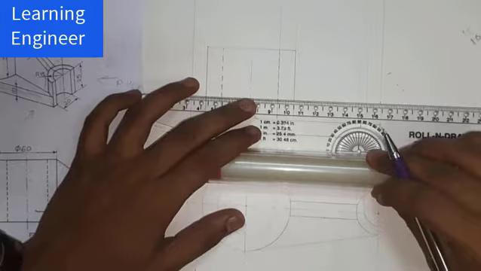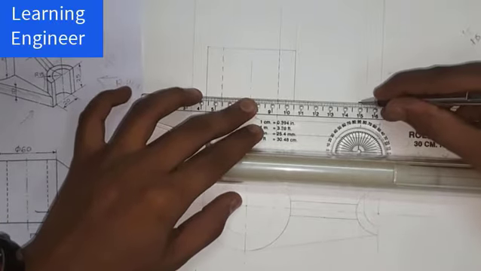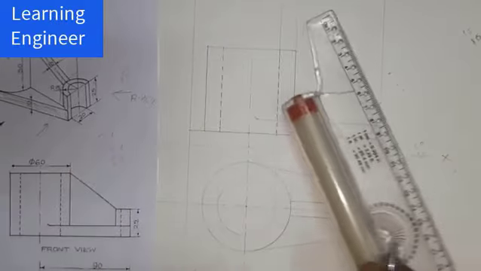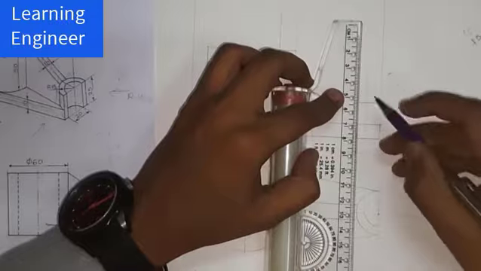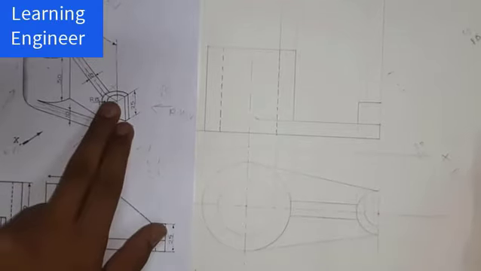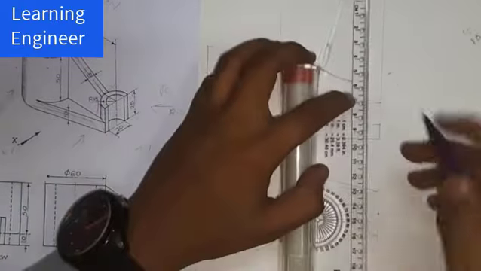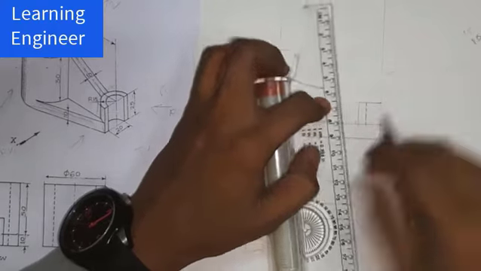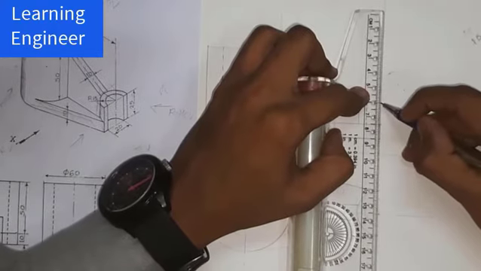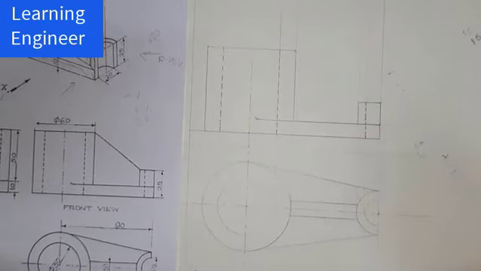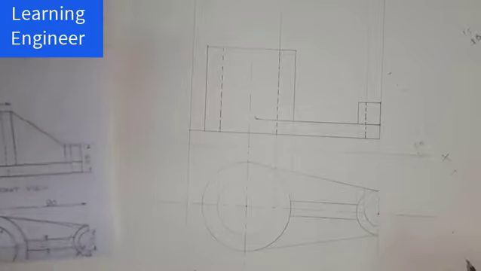And I am forming a rectangle over here because this will look like a rectangle. When we are seeing from this side, this inner part will not be visible, so for that we are using the hidden line. And you have to dark this part also because this surface is visible. Okay, so this is how we have drawn the front view.